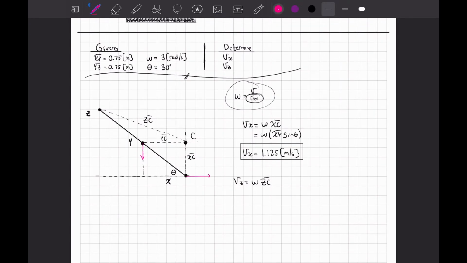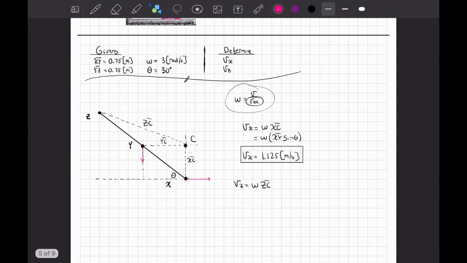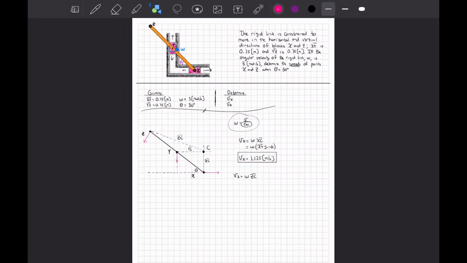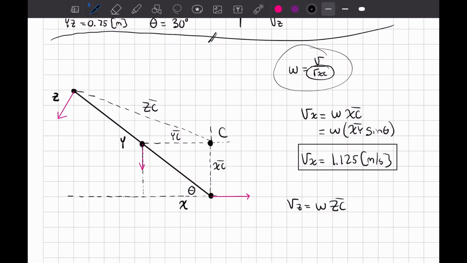And just to demonstrate how we have our instantaneous center of zero velocity, remember we need Zc and Vc to be perpendicular. So the velocity of z is going to be something like that whenever we're rotating by omega. And so as you can probably see in this picture that I drew here, we have a triangle.